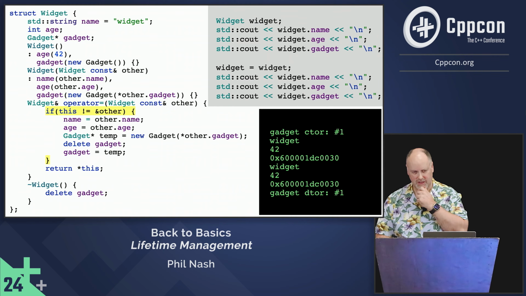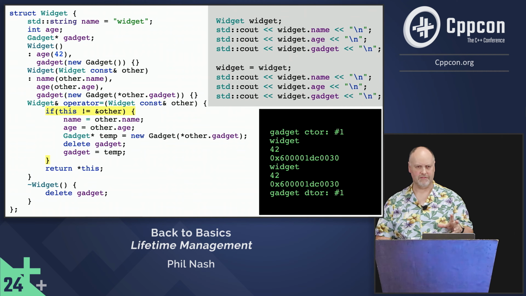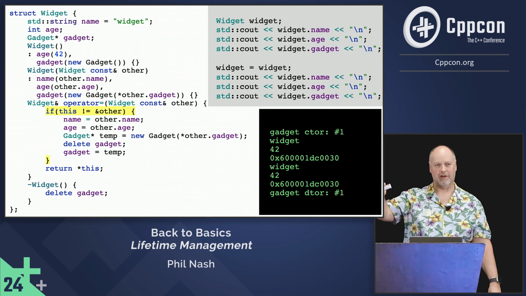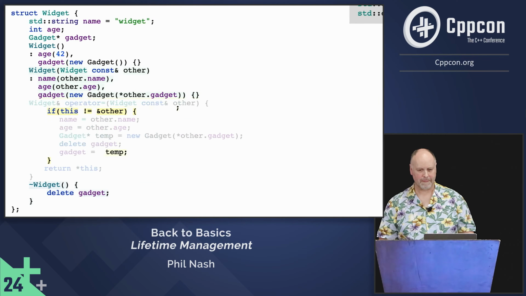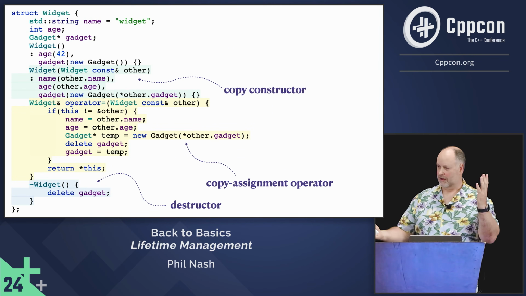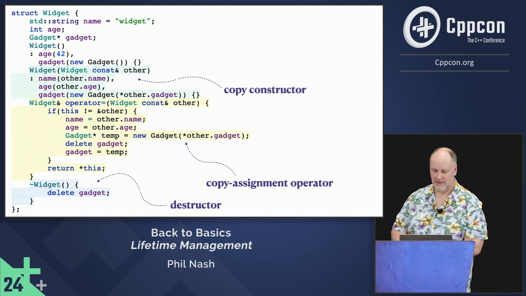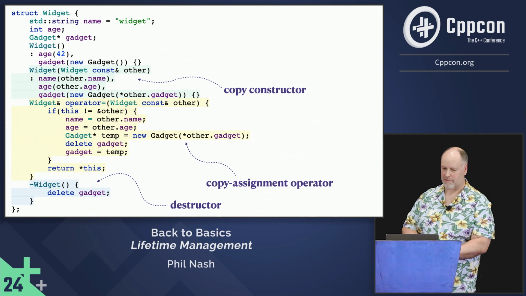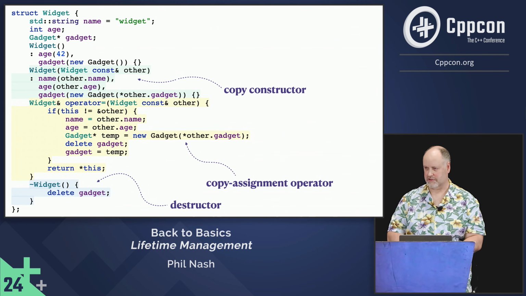Okay, it's a good time to take a pause and see where we got to so far, because we've written a lot of code. The font's getting smaller, and the people at the back are probably finding it harder to read. So this is our widget class. And you can see we've got a copy constructor, we've got a copy assignment operator, and we have our destructor.